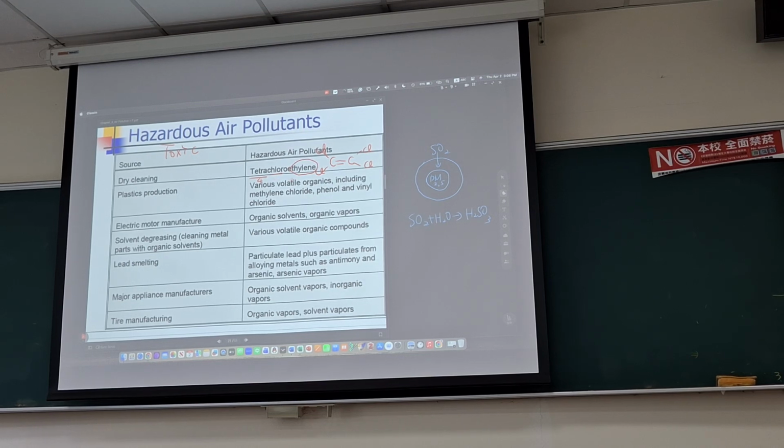Ethylene is a common name for ethene. So this toxic chemical will be generated during dry cleaning.